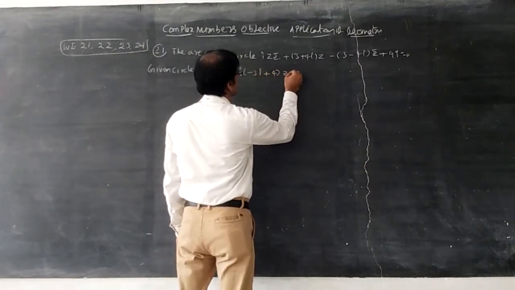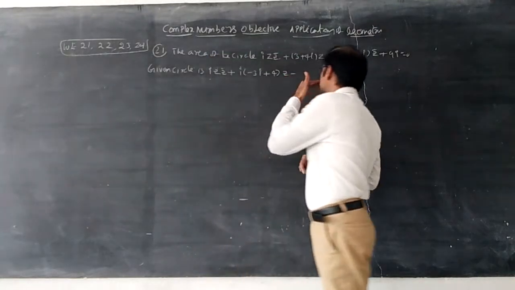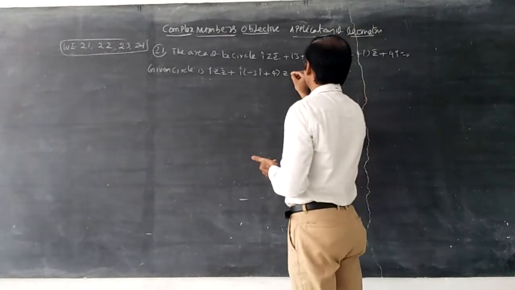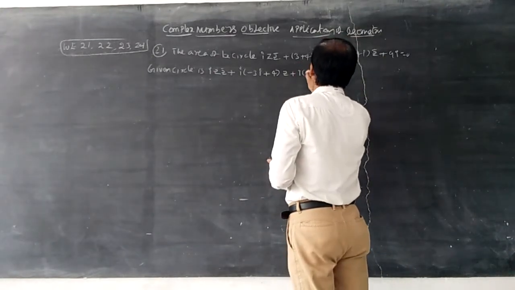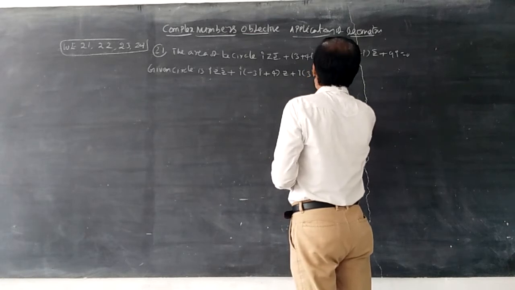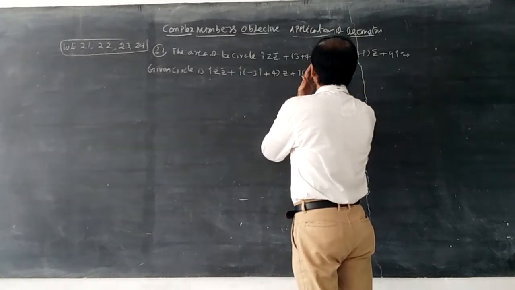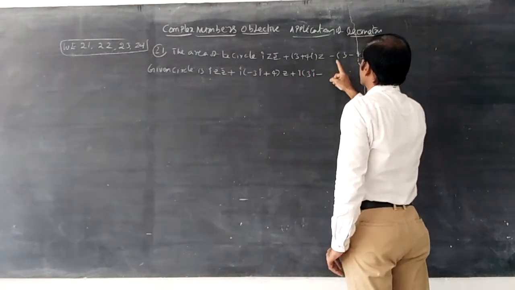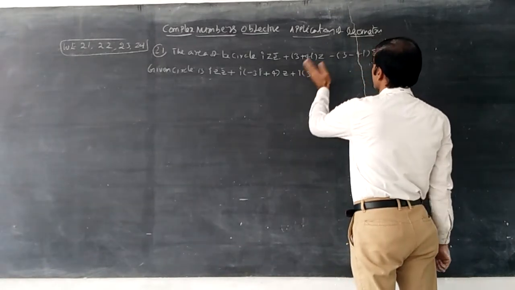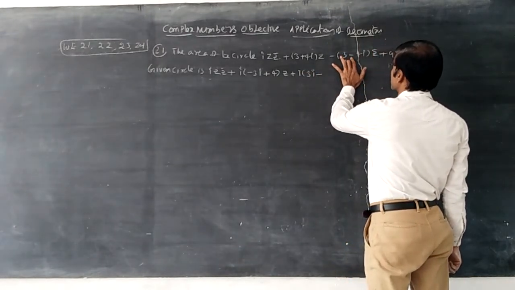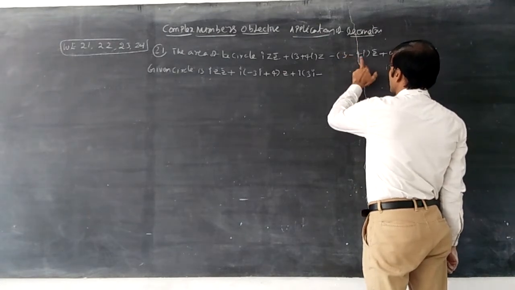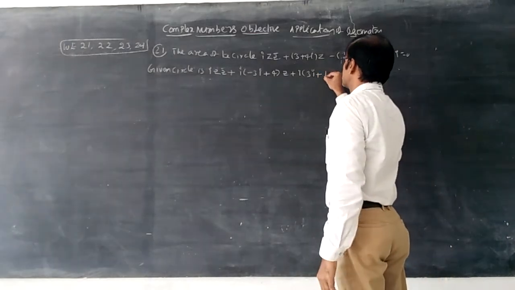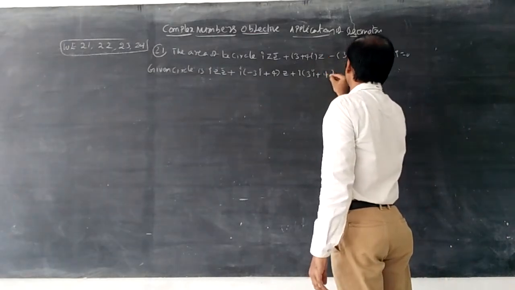Here 4 can be written as minus i square times 4, since minus 1 is plus i square, so i into 3i plus 4 gives plus 4.